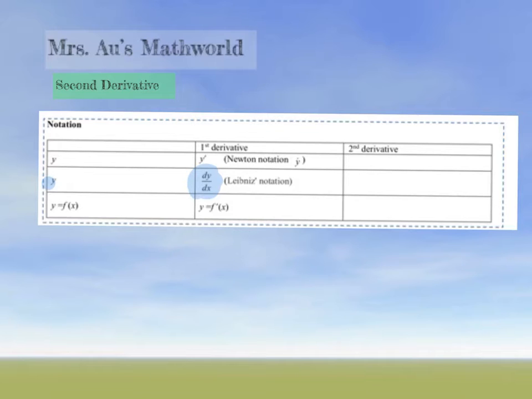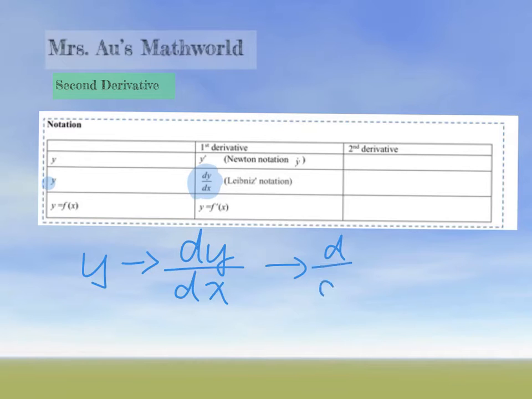Okay, so when you have a function, you get the first derivative, that means you differentiate it once. For the second derivative, that means you are going to differentiate dy dx with respect to x again.